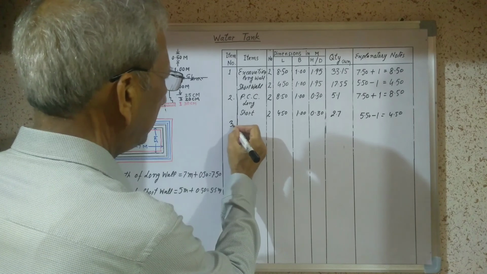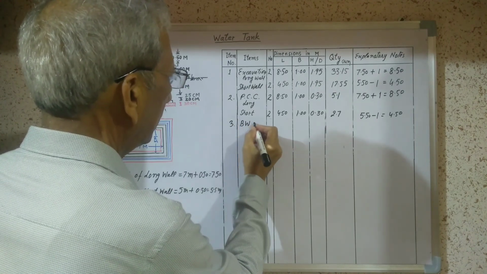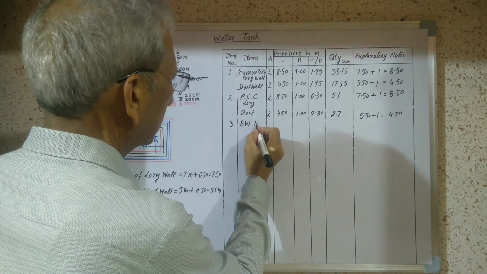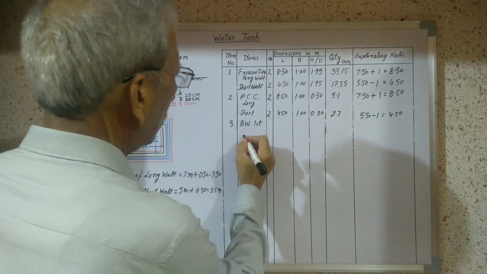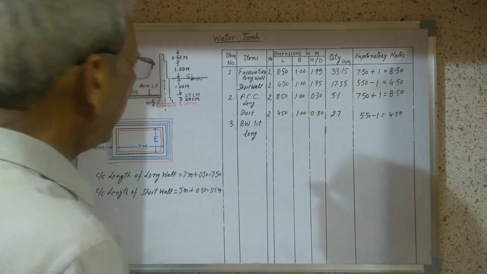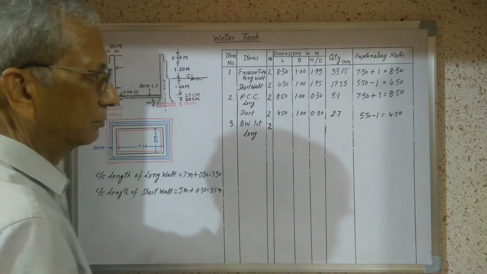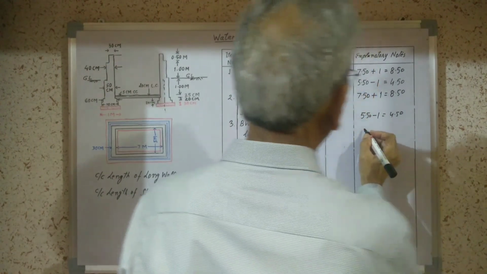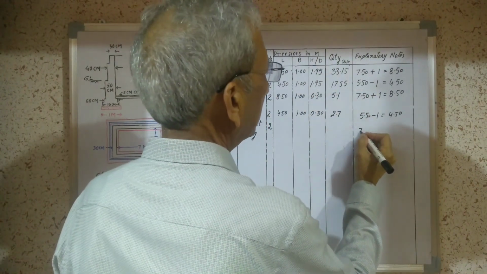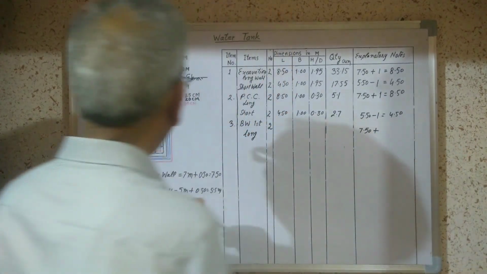Now next item is first step of brickwork in foundation, item number 3. Brickwork, first step, long wall. Again 2 number of walls and length. Length we will take 7.5 center to center plus 1 width.